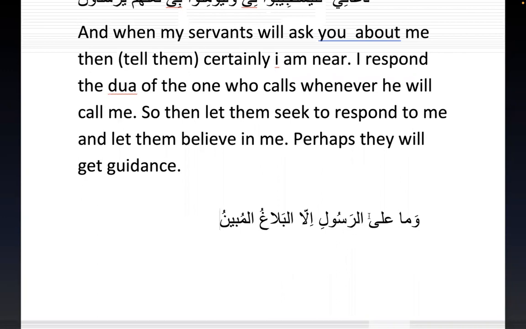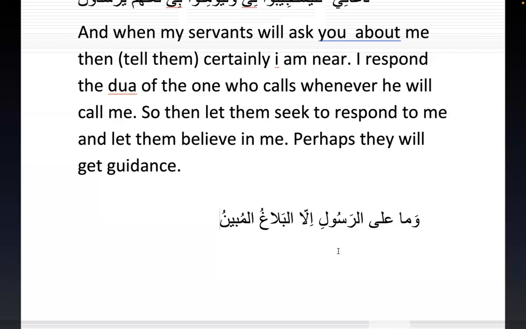Now, ala rasuli. Whenever you have ala and something, it means the obligation is upon something. For example, if I say alayya, it's obligatory upon me. Alayhi, it is upon him, it's mandatory upon him.